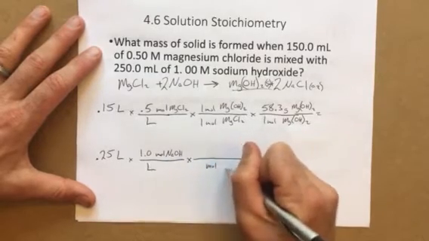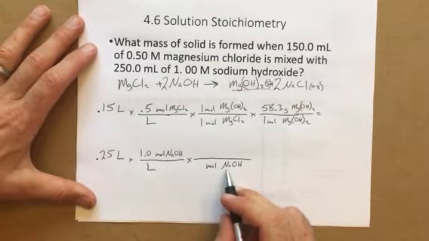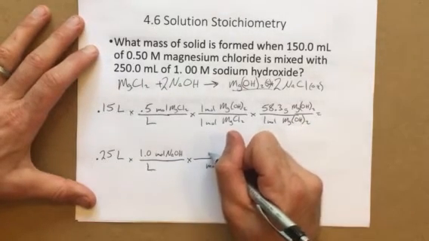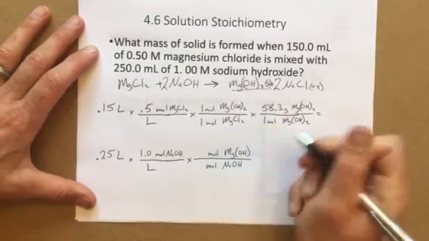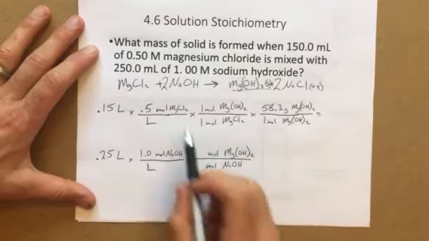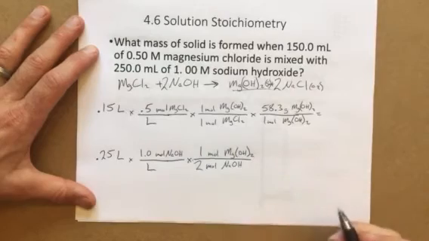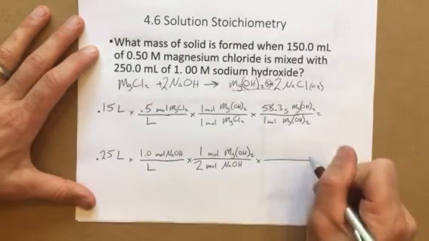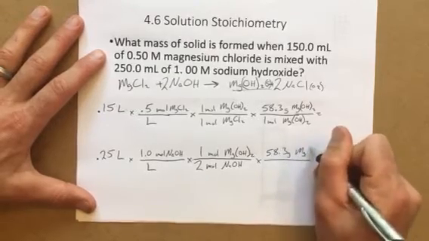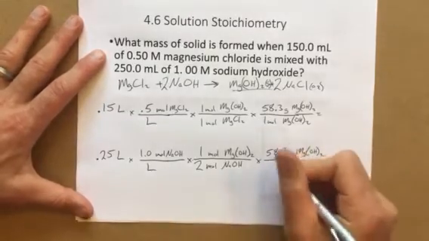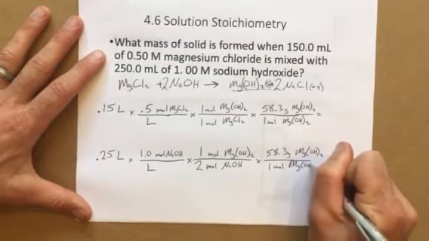So we know moles of sodium hydroxide should go on the bottom of our next step. And we will have moles of magnesium hydroxide, the product we're interested in, on top. And the ratio between these, so 2 sodium hydroxides are needed to make 1 magnesium hydroxide. And then we'll use the molar mass, 58.3 grams Mg(OH)2 for every 1 mole of Mg(OH)2.